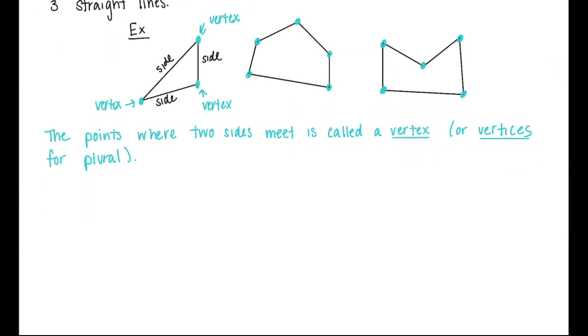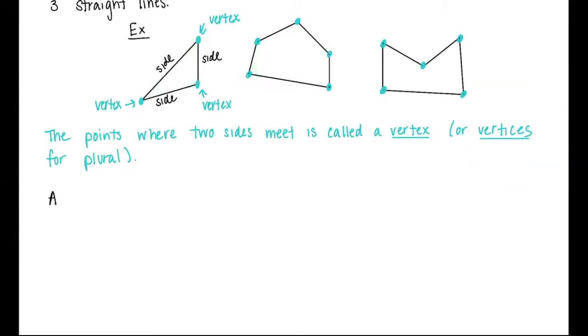Now, if we do have a really nice shape where every side is the same length and all of these angles are exactly the same, it's called a regular polygon. Like here, those angles aren't the same for everything. Likewise here, they're completely different. So they're just called polygons.